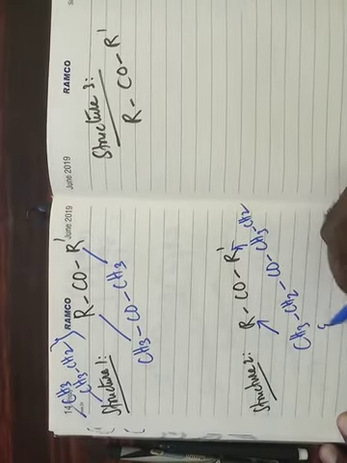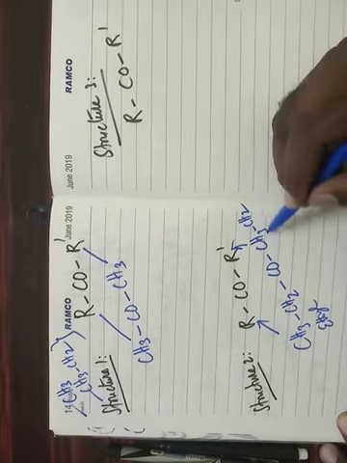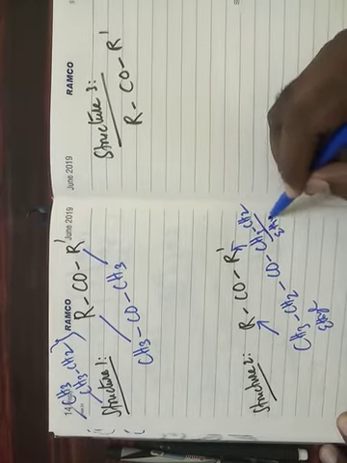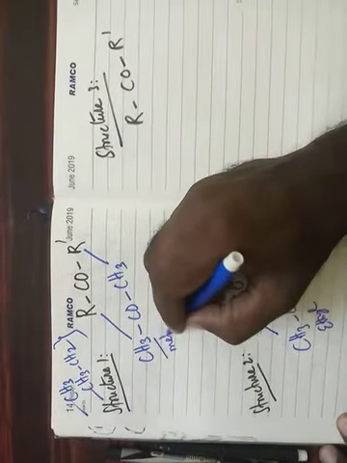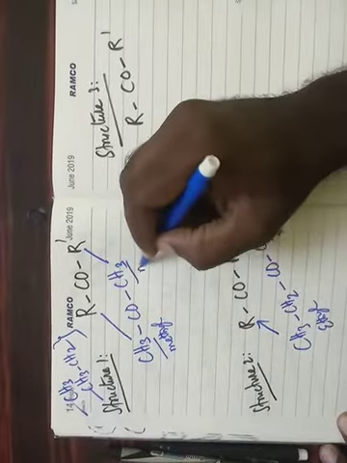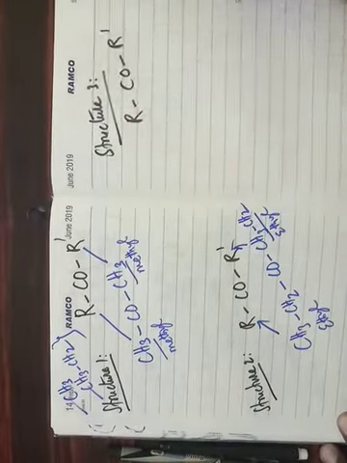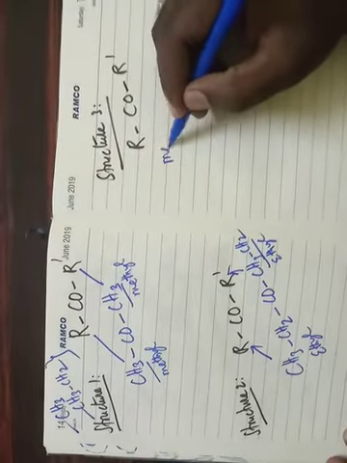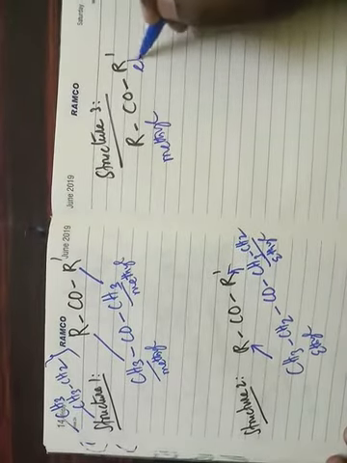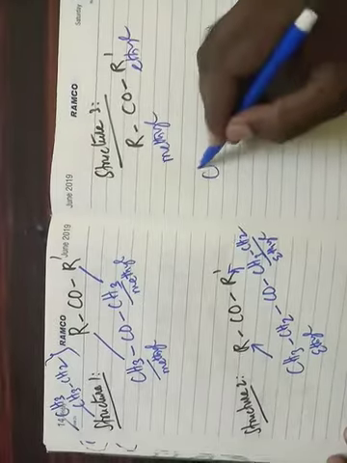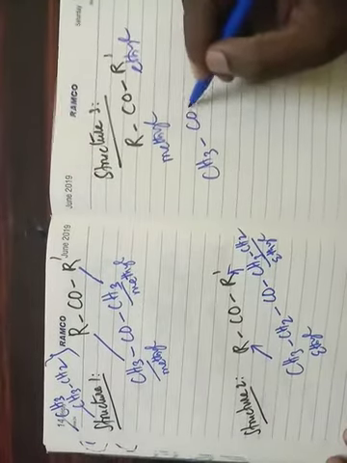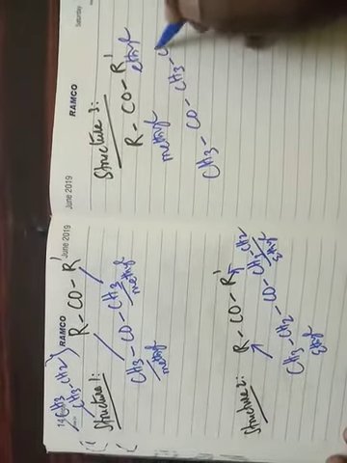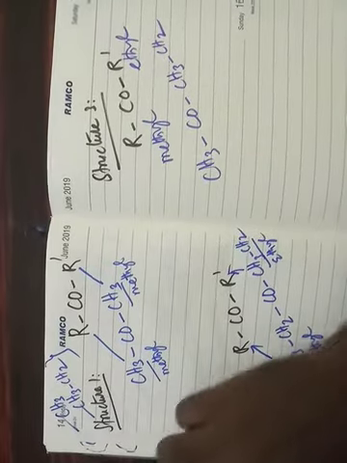Both are ethyl. These are also methyl. In the third, it's very simple. I am going to use methyl on one side and ethyl on the other side. How? CH3 CO CH3CH2. These are the 3 structures.